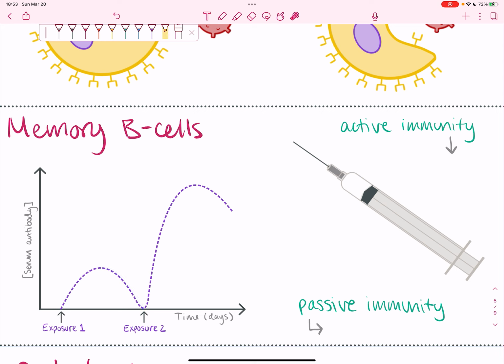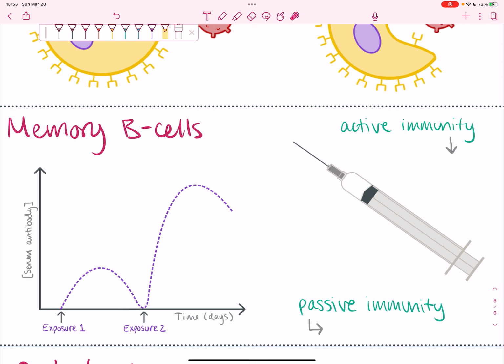But then let's say you get COVID again, and because you already had the first infection, you've created memory B cells, which will recognize the same pathogen. That's where immunologic memory comes into play in the adaptive immune system.